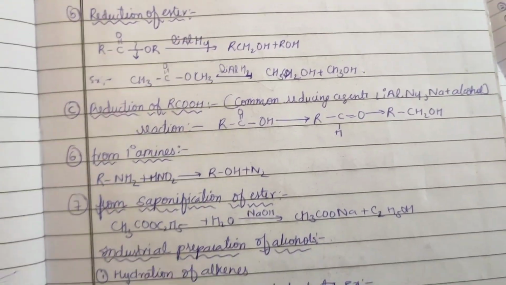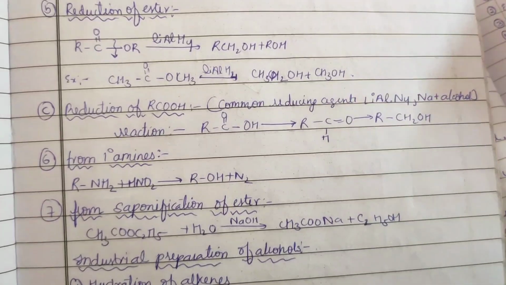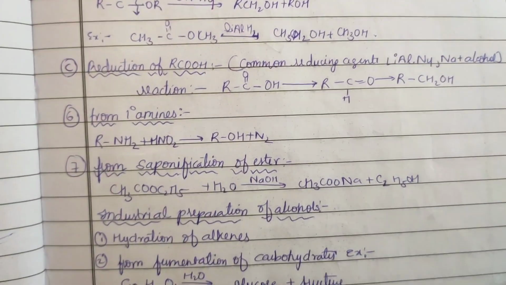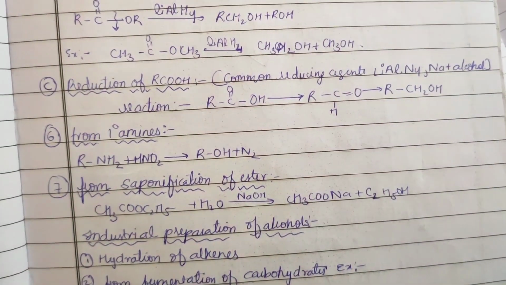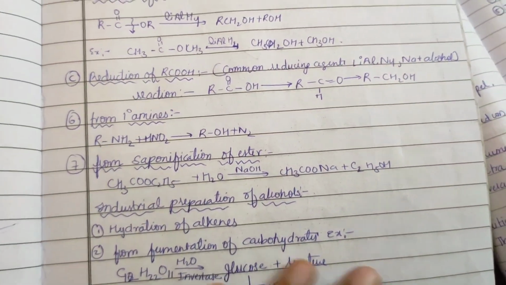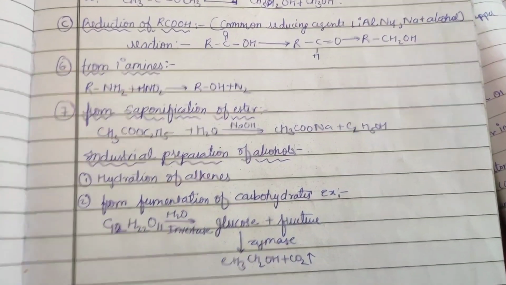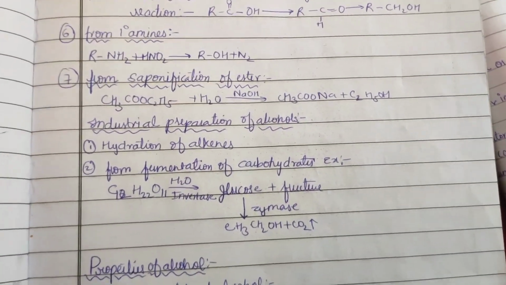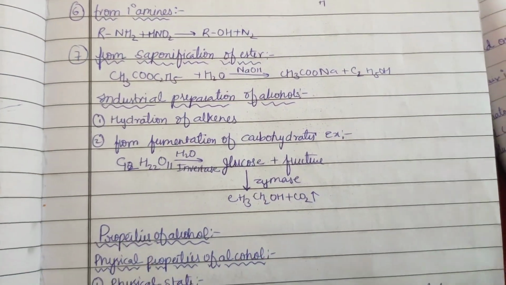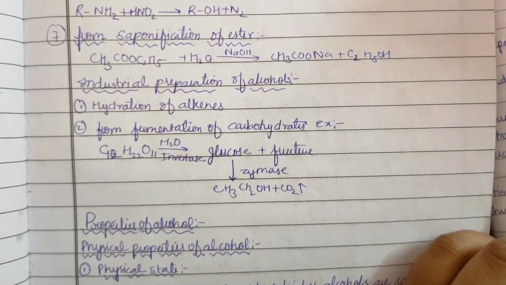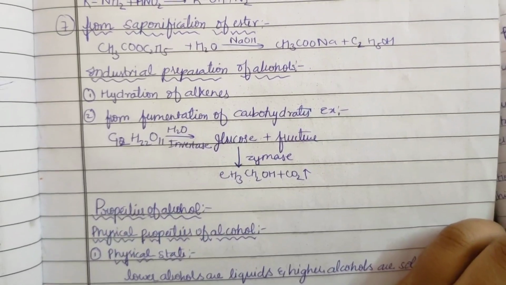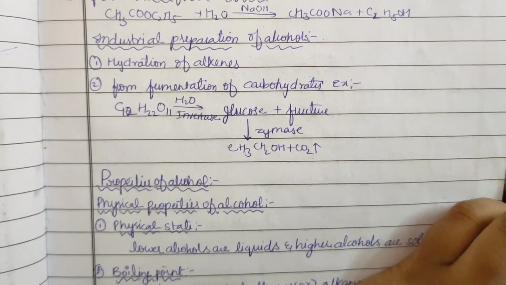Here you can see the reaction. Then from primary amines, RNH2 plus H2O will form ROH plus N2. From saponification of esters, here you can see CH3COOC2H5 plus H2O in presence of NaOH gives rise to CH3COONa plus C2H5OH.